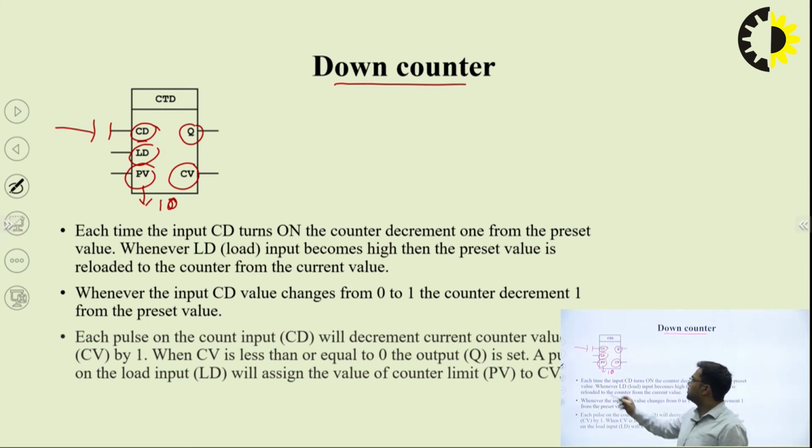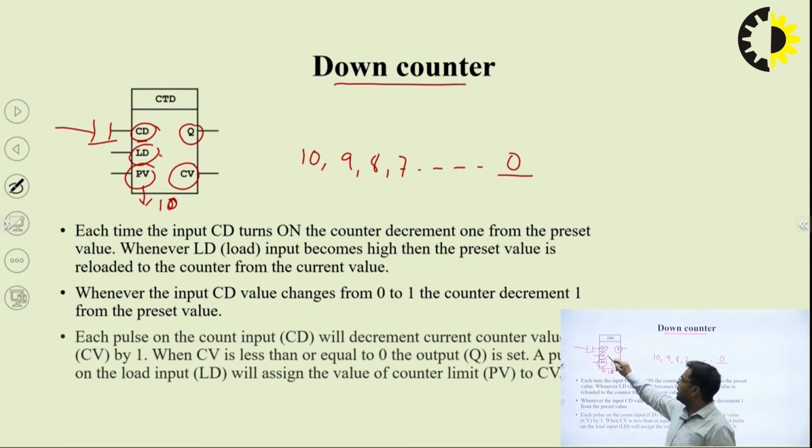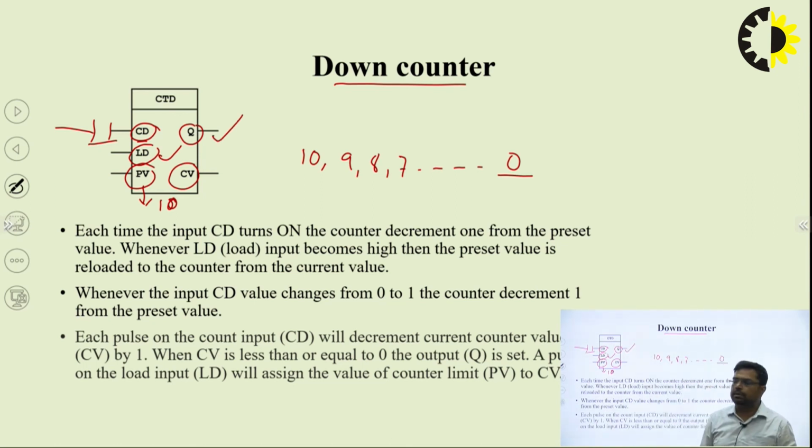In that process, when this CD block is on, the counter decrements, counting 10, 9, 8, 7, likewise down to 0. When it gets to 0, the LD value, the load value, will be activated, and the output Q will be activated. That's how the down counter operates with a decrement of 1.